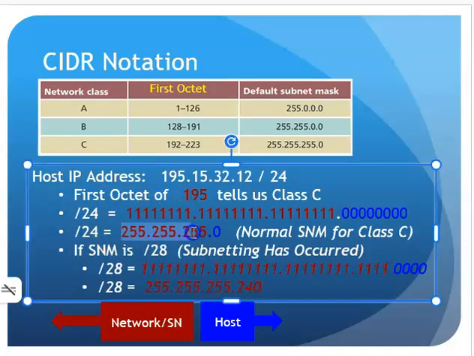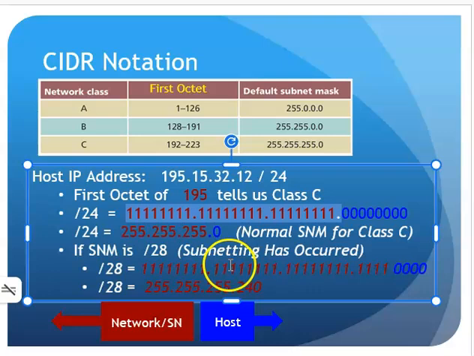This right here, written in binary, is going to be this right here. That's our 24 ones. There's 24 ones there making up that number. 24 ones followed by 8 zeros. So a /24 is my default subnet mask for class C, /24.